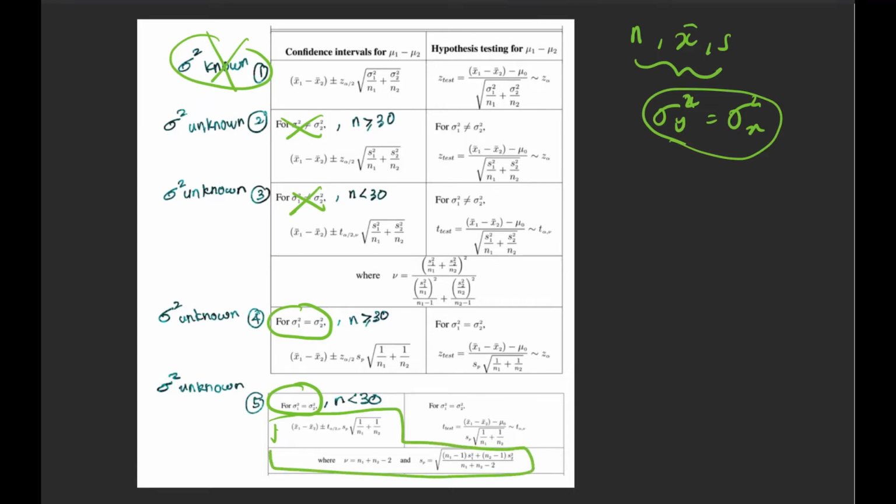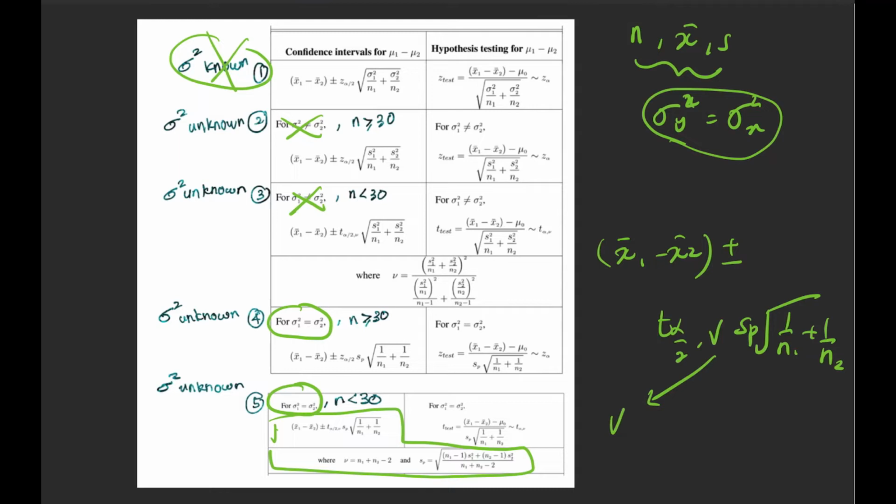The formula you will have here is x bar 1 minus x bar 2 plus minus t alpha over 2, nu, sp, square root of 1 over n1 plus 1 over n2. We also have the formula for nu, n1 plus n2 minus 2, and the formula for sp.